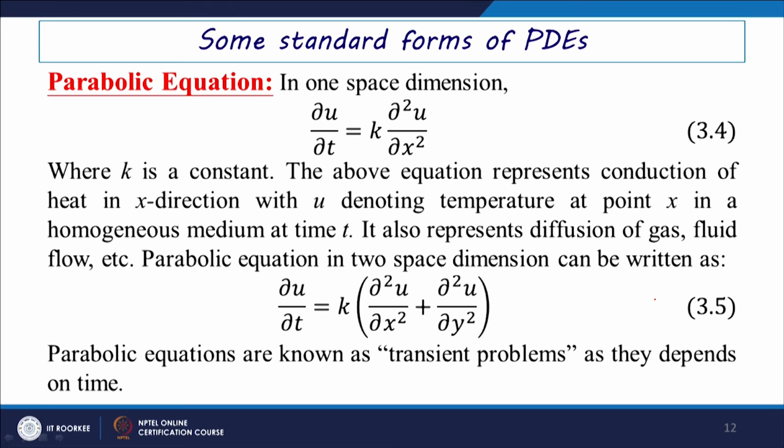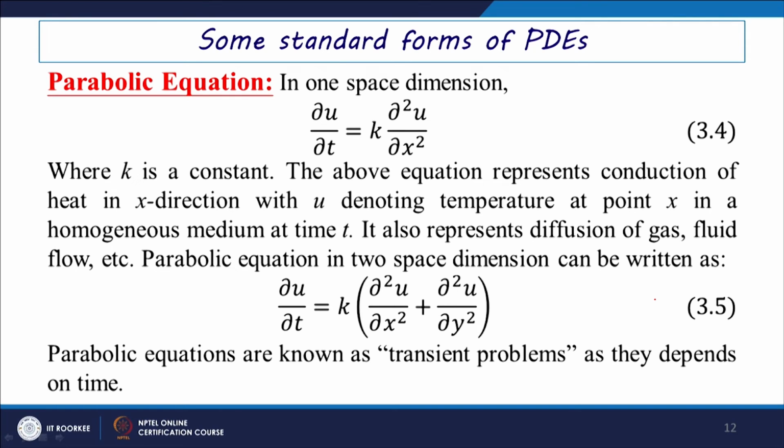The above equation represents conduction of heat in the x direction, with u denoting the temperature at point x in a homogeneous medium at time t, and it also represents diffusion of gas, fluid flow, etc. And if we want to express this parabolic equation in two-dimensional form, we can express it as ∂u/∂t = k (∂²u/∂x² + ∂²u/∂y²).